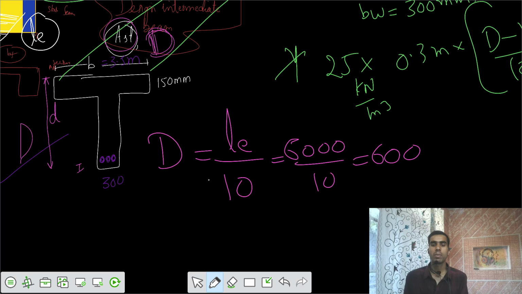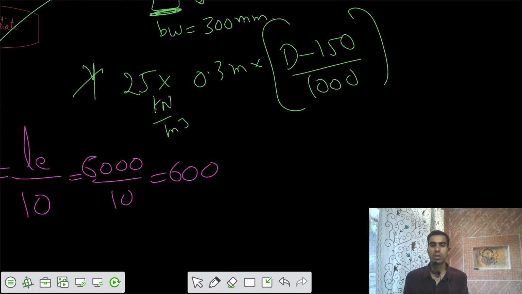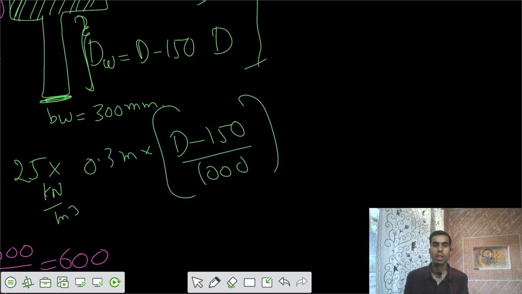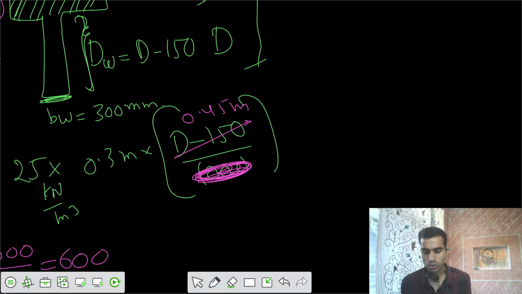So if the capital D is 600, your small d would be 450. So this value would be equal to 0.45 meters.